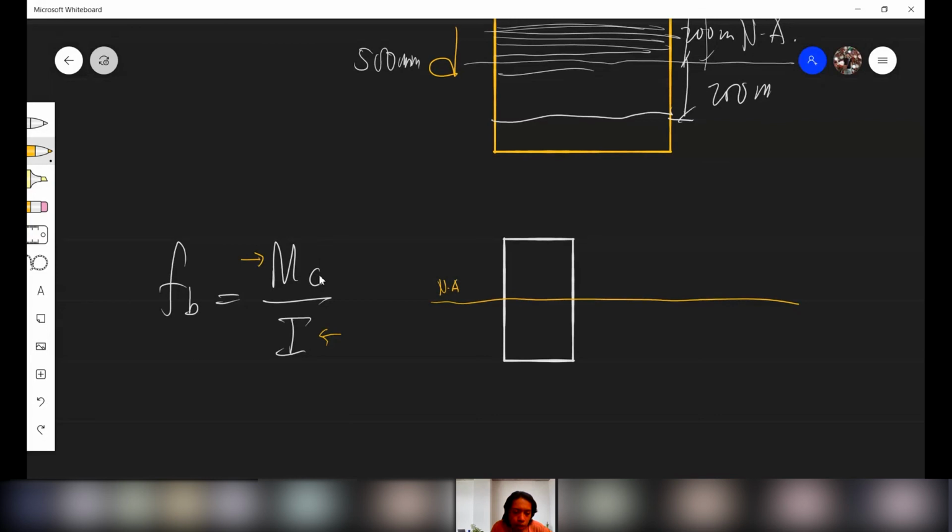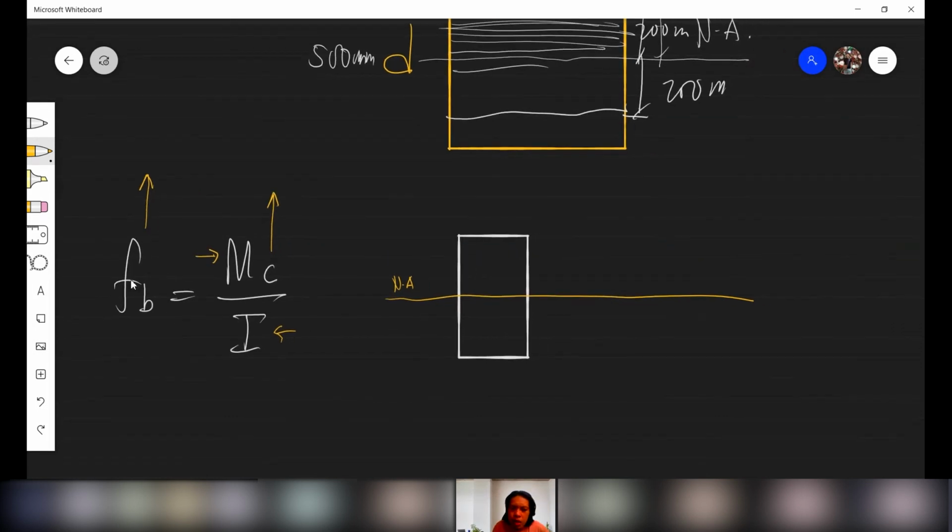Now, what about c? If c goes up, since M and I are constant, your f_b will also go up, right? So f_b is directly proportional to c, provided the moment and I are constant.